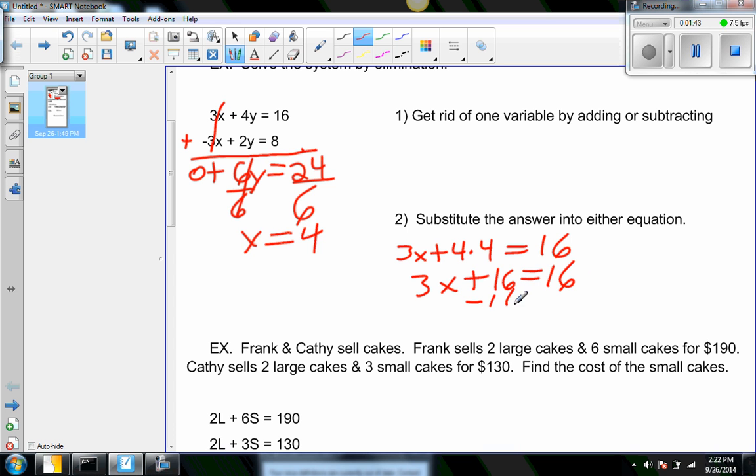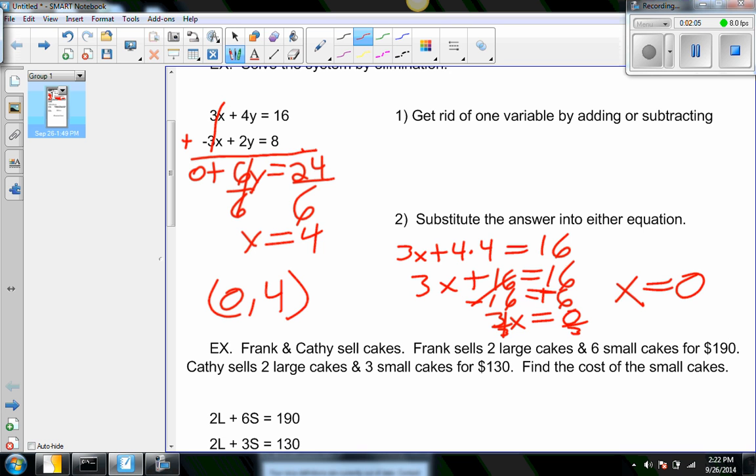And then it's just a two-step equation. I get rid of the 16. So I'm left with 3x equals 0. And you divide by 3, and you divide by 3, and your x equals 0. And so your answer for that equation would be 0, 4.